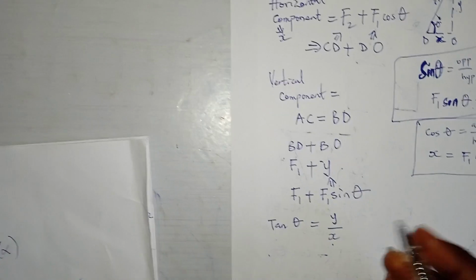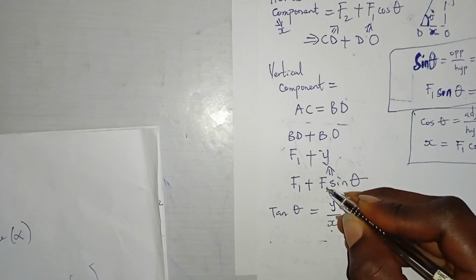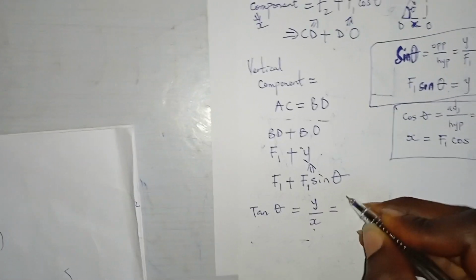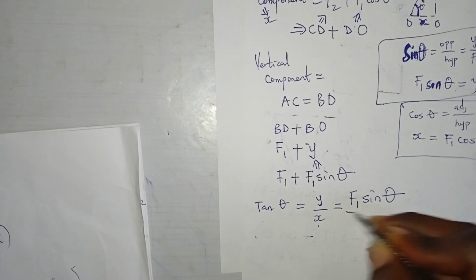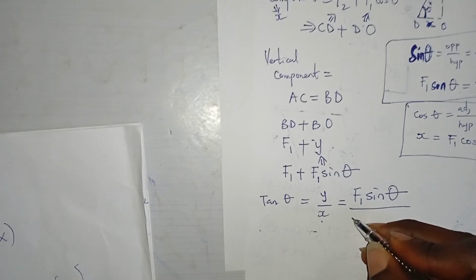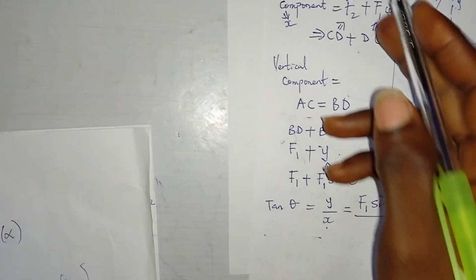So let's take the value of y here. This is going to be F1 sine theta all over our x. Everything for our x is everything down there.